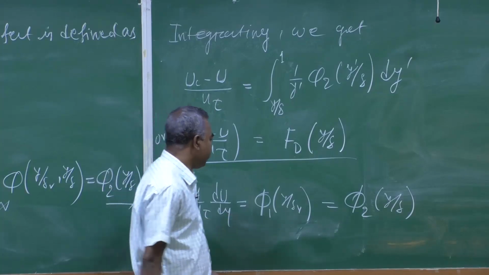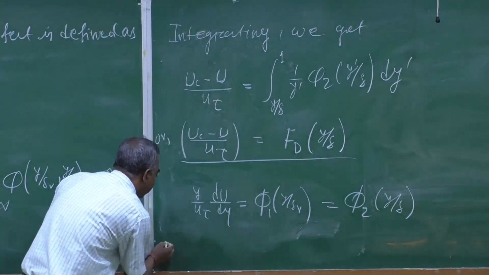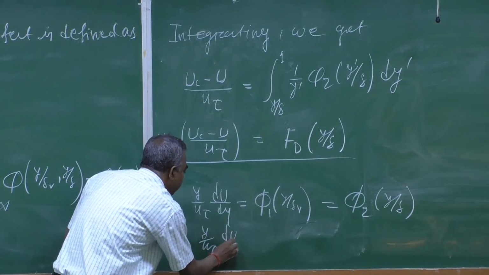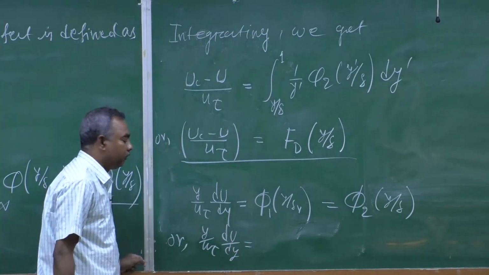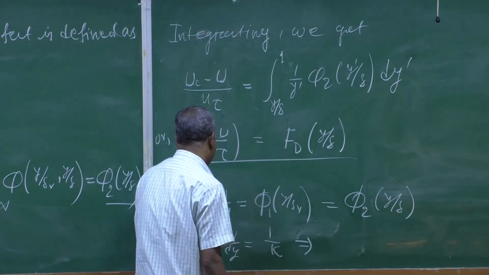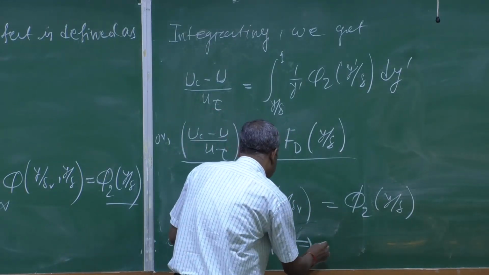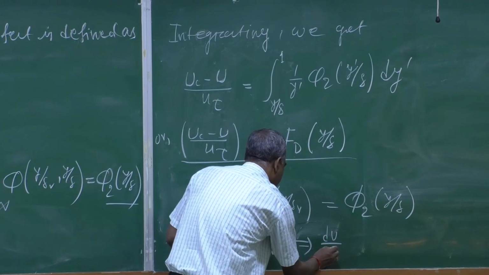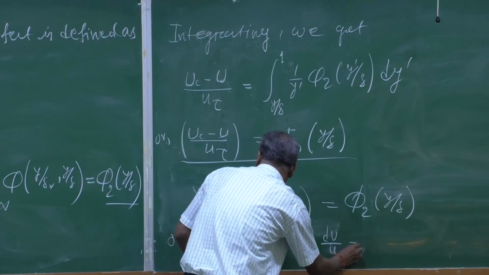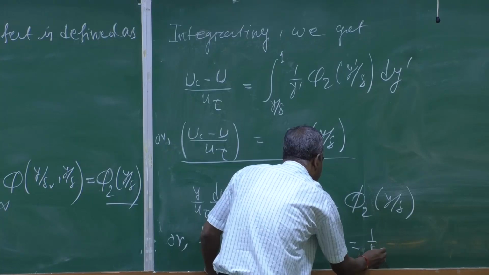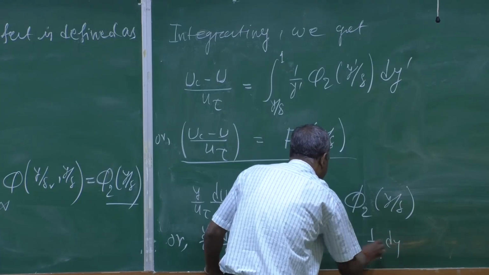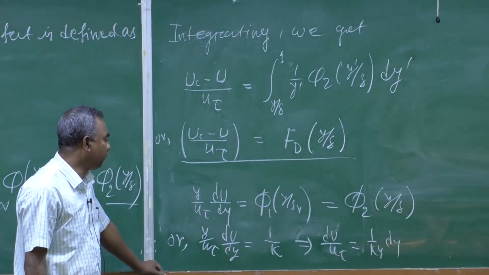So, for this overlap layer, y by u tau du dy is equal to 1 by kappa, and from here we can write du by u tau equals 1 by kappa y dy. This is the way we can write.